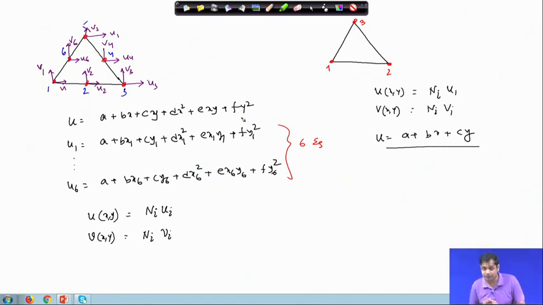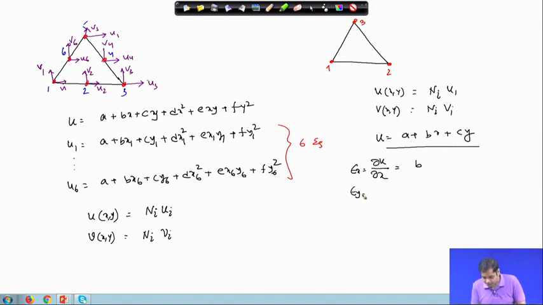Then what is the consequence of that? The other consequences we will see when we talk about convergence, but the immediate consequence is, in the 3 noded case, if you calculate strain, say epsilon x, the strain in x direction, the longitudinal or normal strain, that is du/dx, so this becomes b.